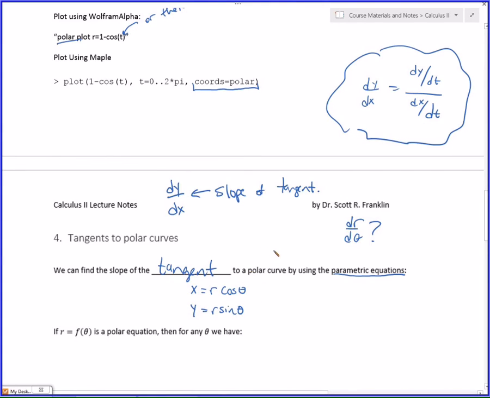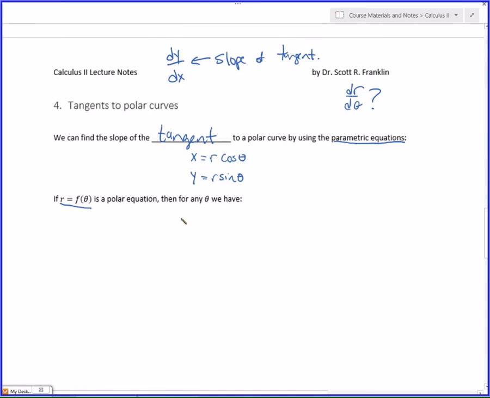Now think of theta as your t. So these are essentially parametric equations. And if r is a function of theta, like it was on our cardioid, where r was 1 minus cosine of theta, then for any theta, x is equal to f of theta cosine of theta.